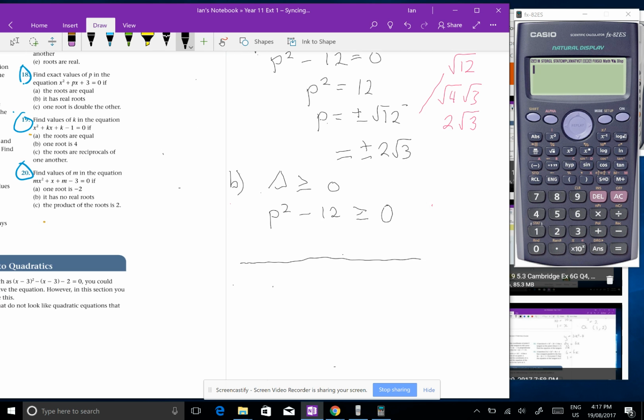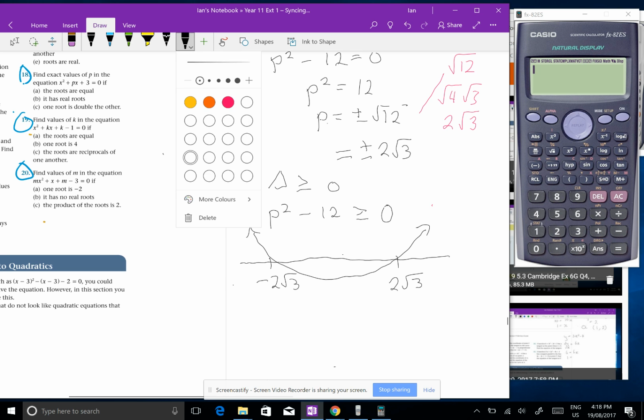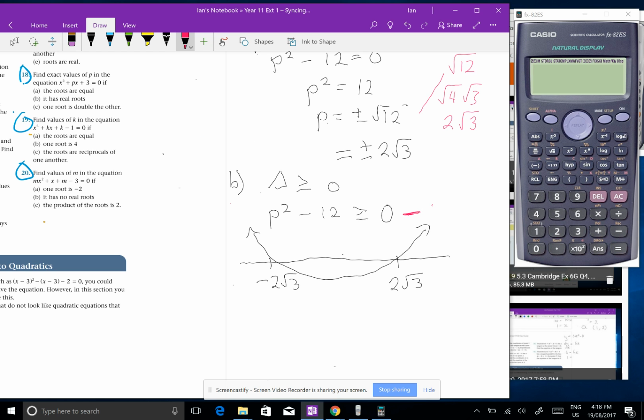And we know this is a parabola. So the solutions are minus 2 root 3 or positive 2 root 3. And we know that when we write it like this, it's a positive parabola. Look at this, it's a positive parabola. This is a positive parabola here.